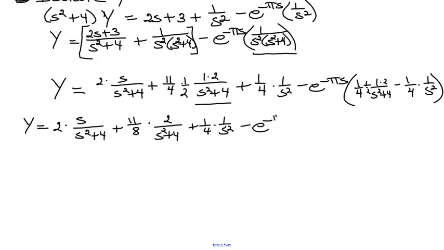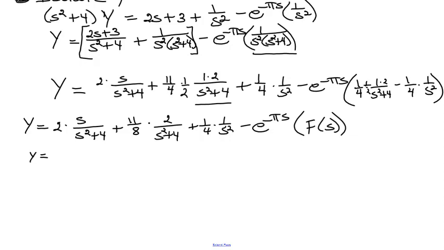And then minus the exponential times, and I'm going to think of all of this stuff right here as, let's call it cap F of s. Now, according to the chart, to find little y, all I have to do is use the inverse Laplace. Remember, cap y stood for the Laplace of little y. Little y is a function of t.